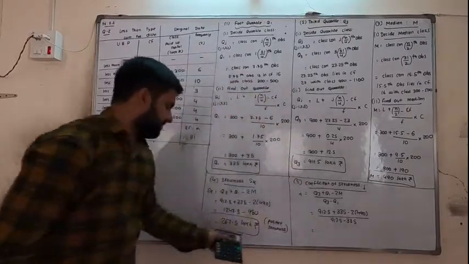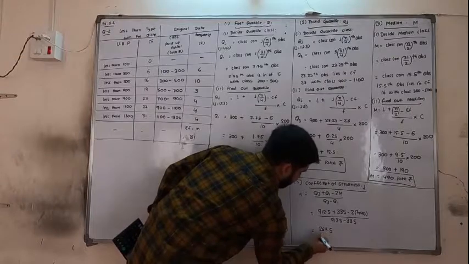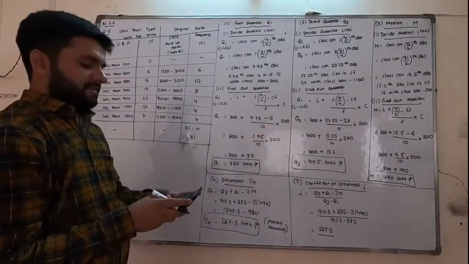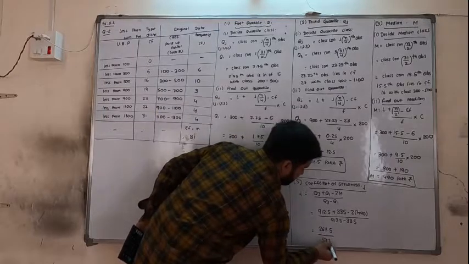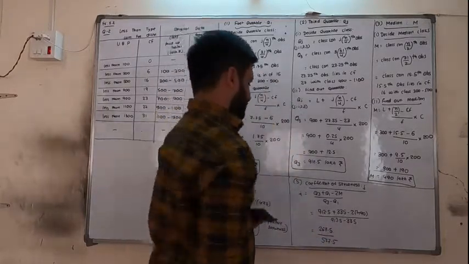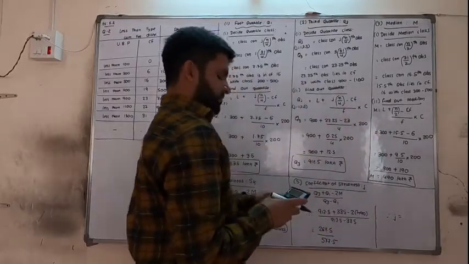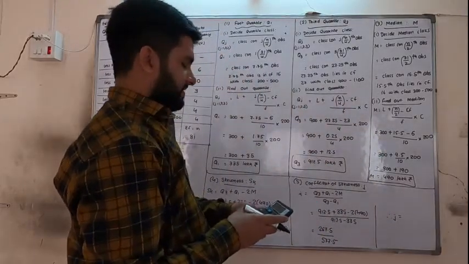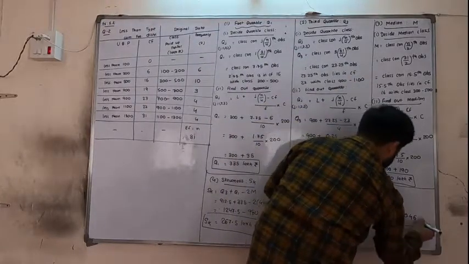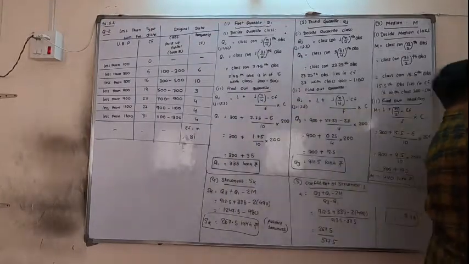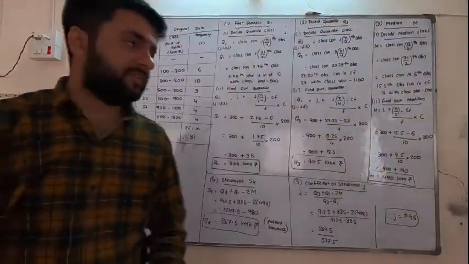The above answer we have already received, that is 267.5 divided by 912.5 minus 335, which is 577.5. Therefore J is equal to 267.5 divided by 577.5, 0.46. J is 0.46.